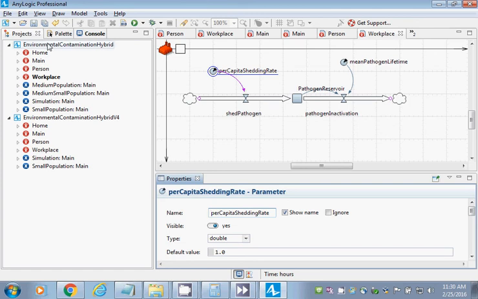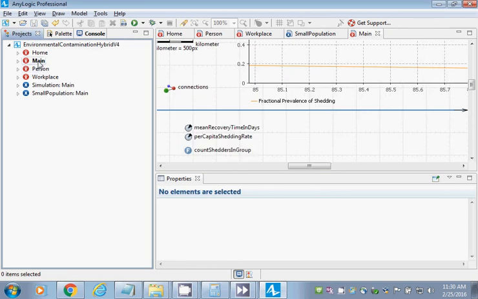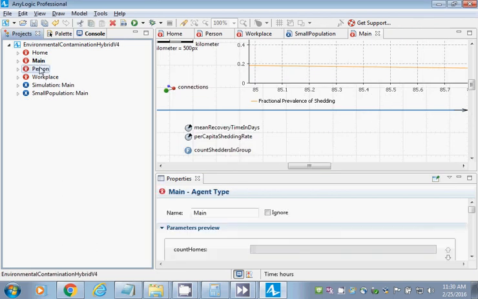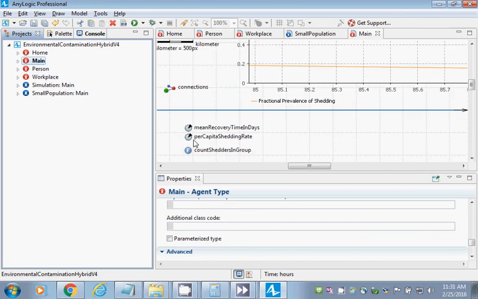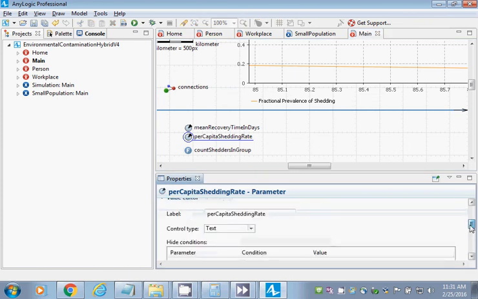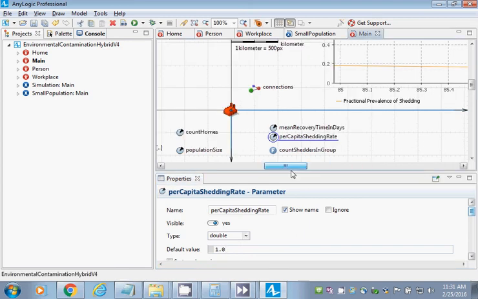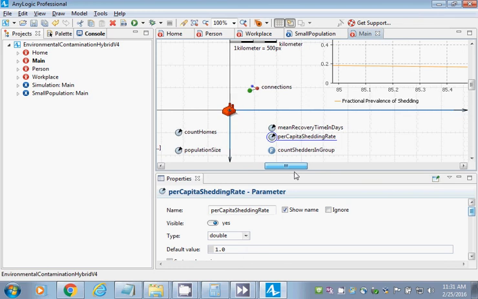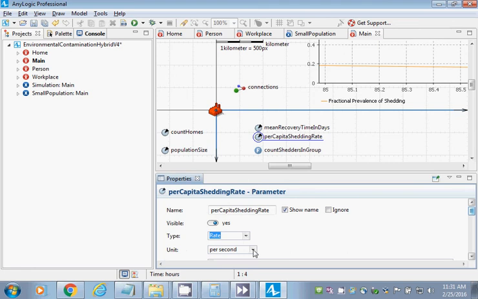Great. And probably we should move these things over just so they're not occluding that area. Is there a reason I wouldn't have per hour in my drop down? Oh. Okay. Kurt, do you want to check that out? Per capita shedding rate? Should have per hour, I would think. Right.